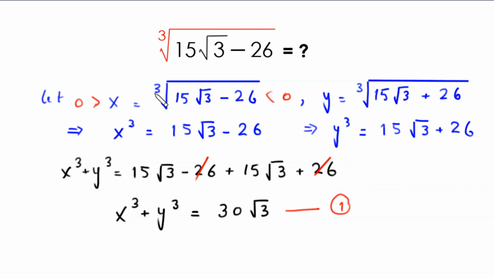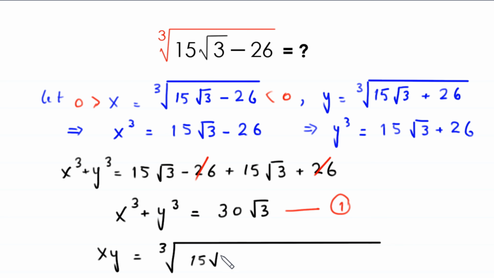We multiply these two equations, so we get x times y is equal to the product of these two cube roots. We can write under one cube root like this: the cube root of 15 times root 3 minus 26 multiplied by the conjugate of this expression, 15 times root 3 plus 26.